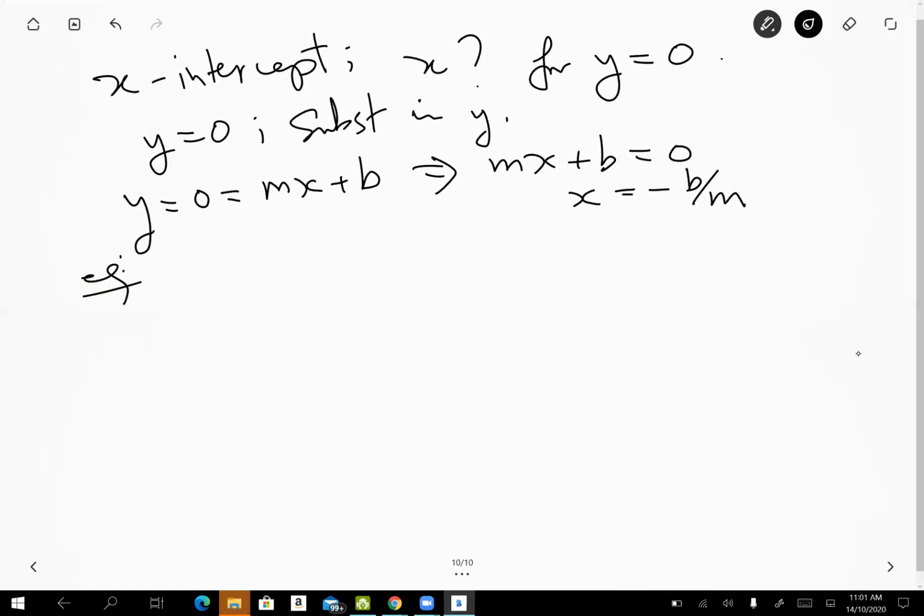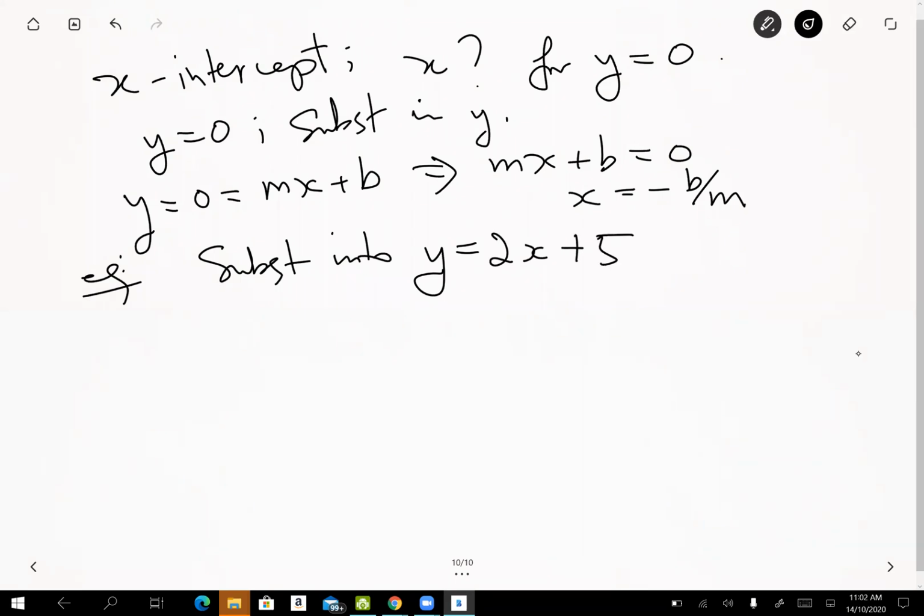So the example that we have, we substitute into y equals 2x plus 5.